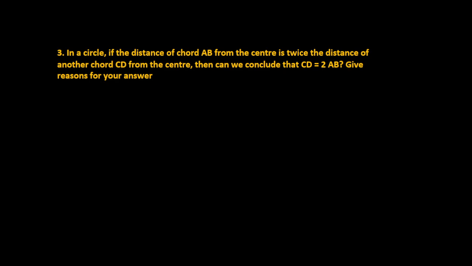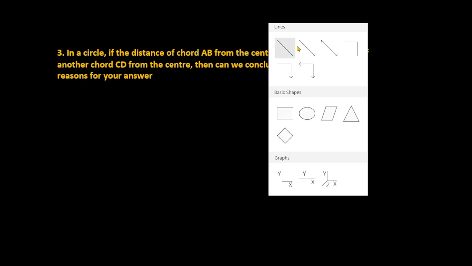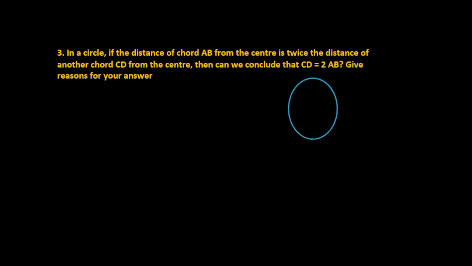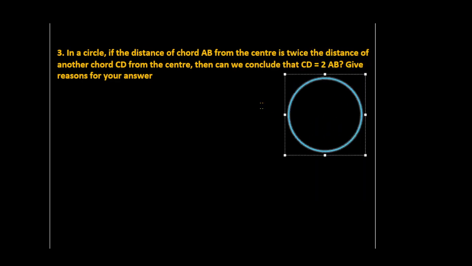Third question: in a circle, if the distance of a chord AB from the center is twice the distance of another chord CD from the center, then can we conclude that CD is equal to twice AB? Give reason for your answer. Let's take a circle. In this, we take two chords.